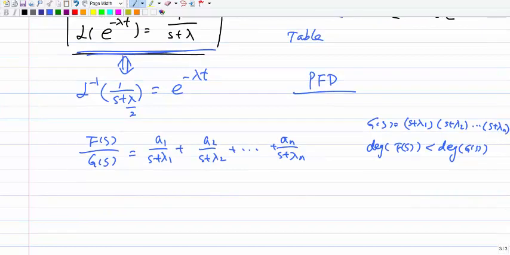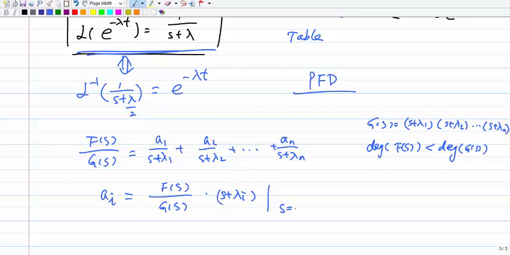Any ai is given by F(s) over G(s) times (s plus lambda i), evaluated at s equal to minus lambda i. This holds true for i from 1 until n.